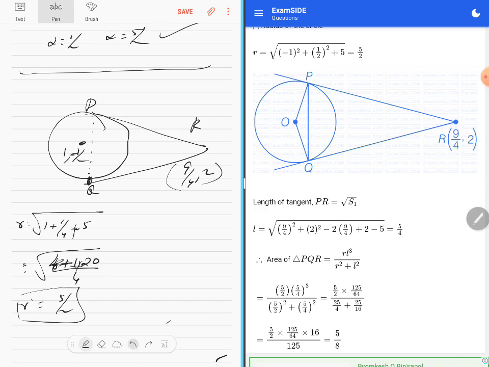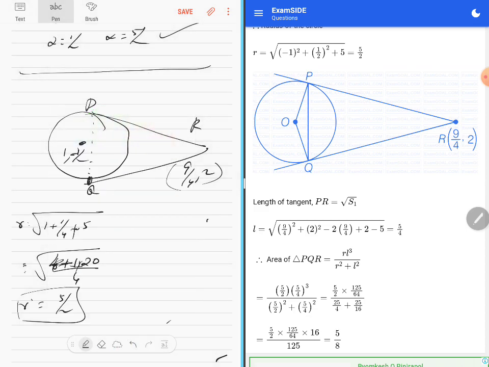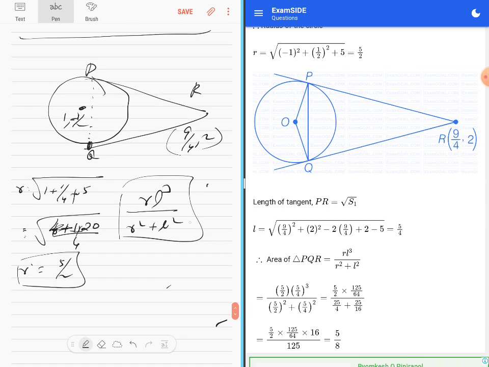But if you can remember the direct formula for finding the area of triangle PQR in such situations, it's R into L cube by (R square plus L square). R is the radius, L is the length of the tangent. So this will be the area.